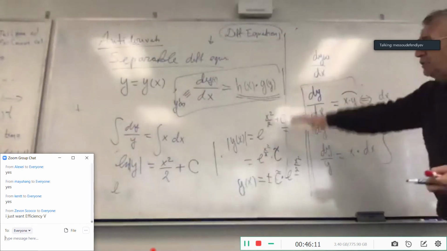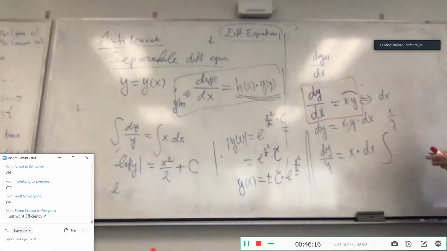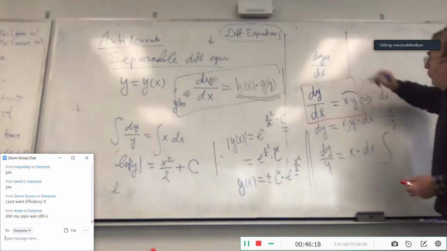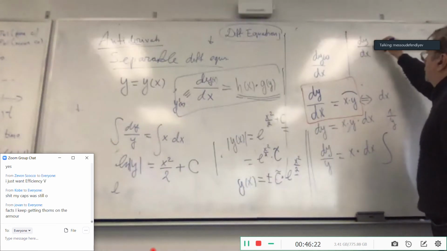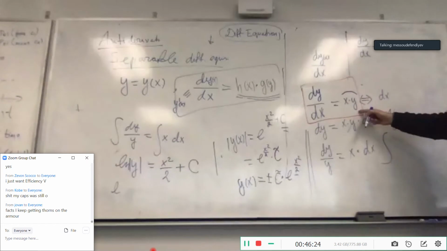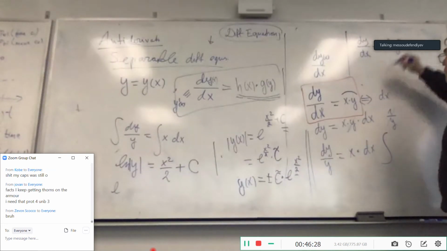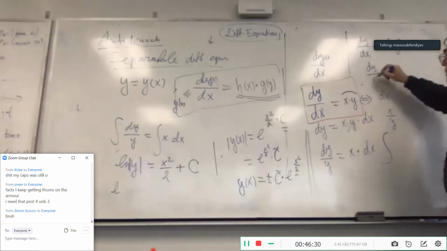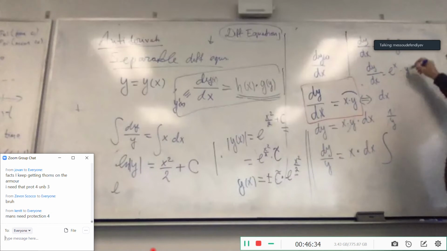And this is a general procedure if the right-hand side has this form. Of course, it could be that y is not linear. It could be the same x squared times y cubed, or, for example, e power x times y squared.